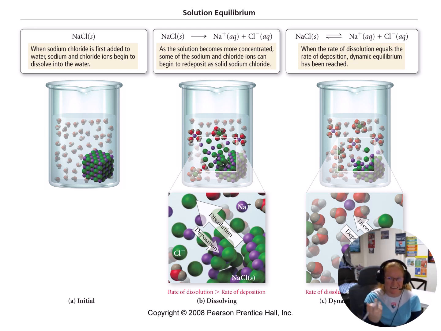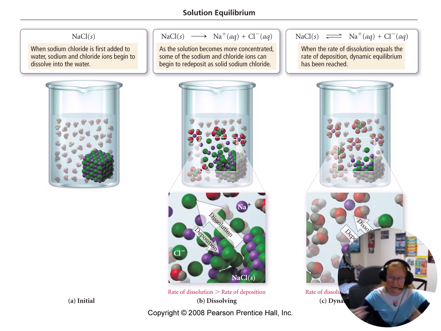But some of those ions that are already in solution, or some of those solvated particles, like say we have sucrose. It's not ionic, but it is soluble. So let's say one of those particles hits. Well, now another particle can dissolve, and another particle hits, and another particle can dissolve. And we reach equilibrium when the rate of dissolving is equal to the rate of redeposition.